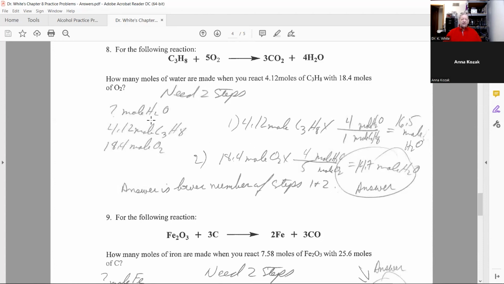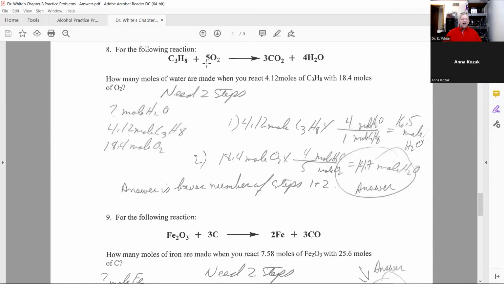And now we go to the other reactant, oxygen. We have 18.4 moles of oxygen. We want to go to moles of water, use unit analysis again. Moles of water go on top of the ratio. Moles of O2 go on the bottom. And where do we get these numbers to put in a ratio? From the balanced chemical equation. The coefficient tells you molar amount.